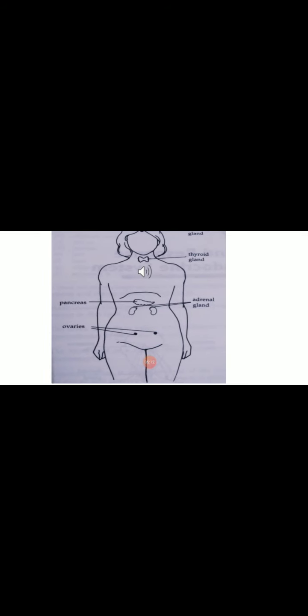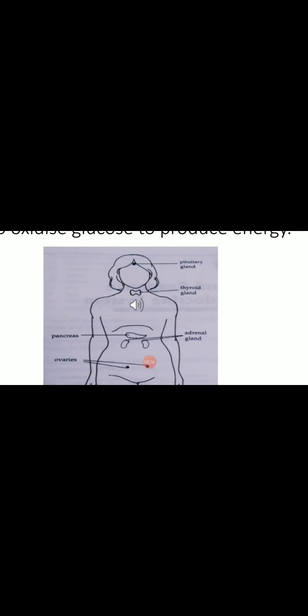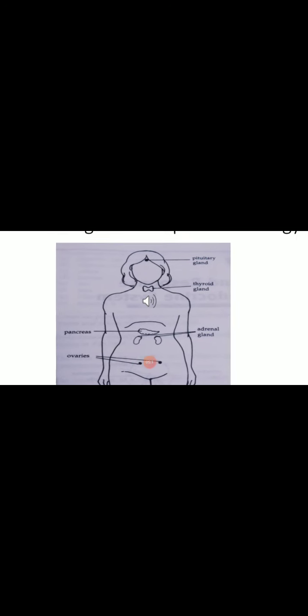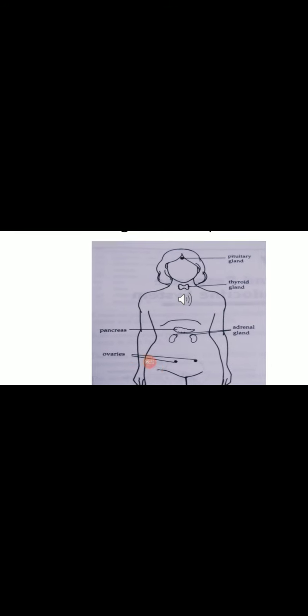We have discussed their function in detail. Then in the lower abdominal region are two ovaries. They are also glands, and they act as endocrine glands.